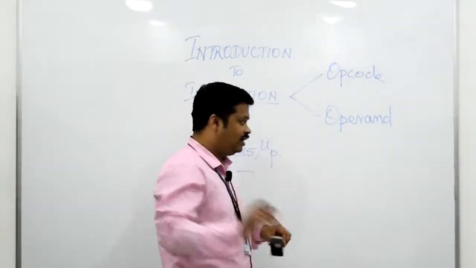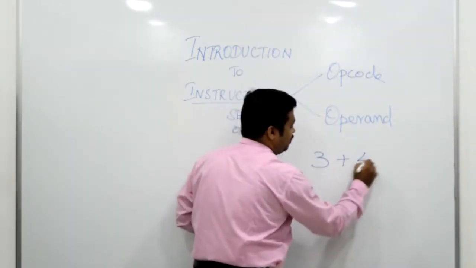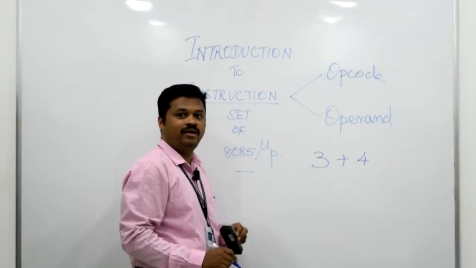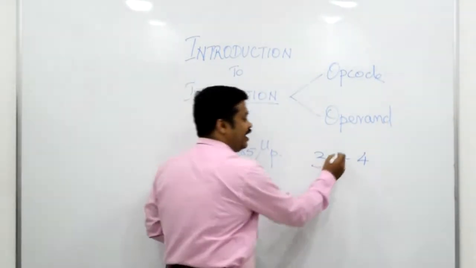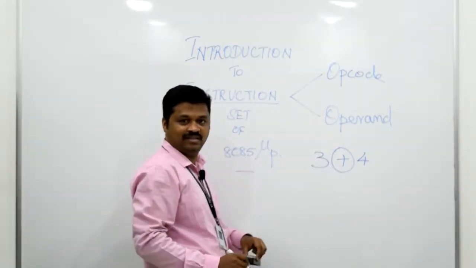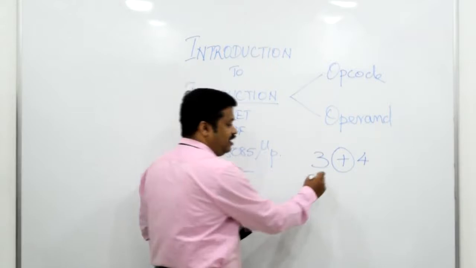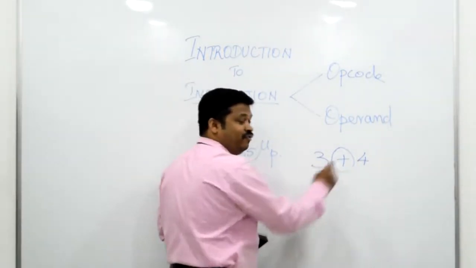It sounds weird, so I'll explain. For example, let us add 3 plus 4. This is your task. The task is to add, so addition is the task. What are you adding? 3 and 4. So the data that is operated on is 3 and 4.